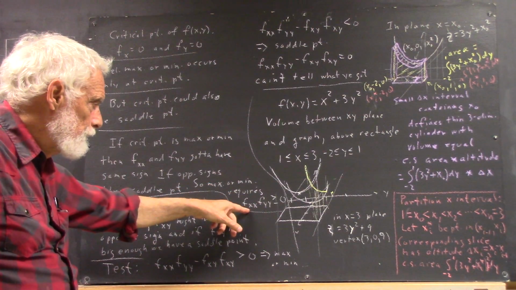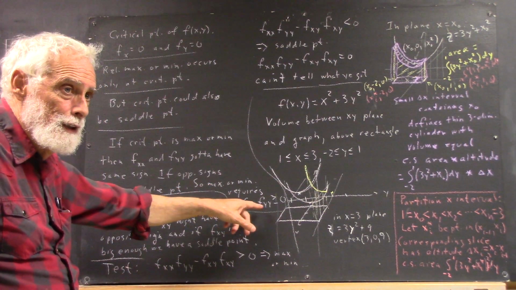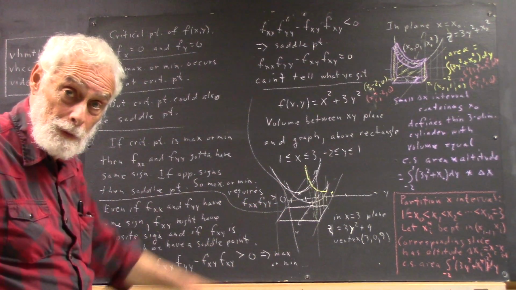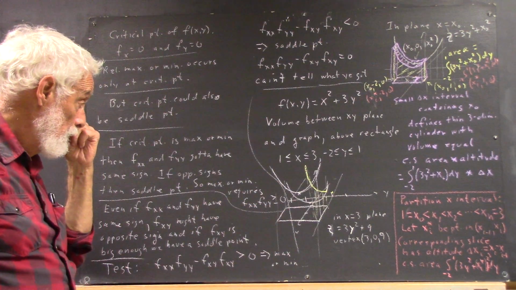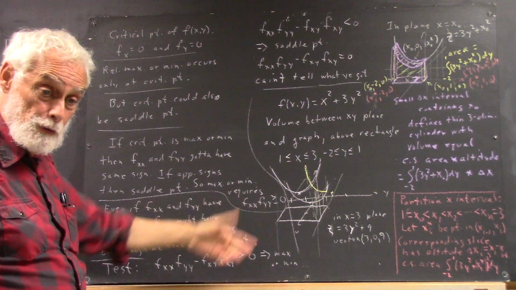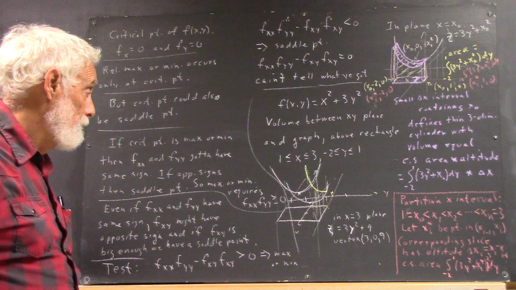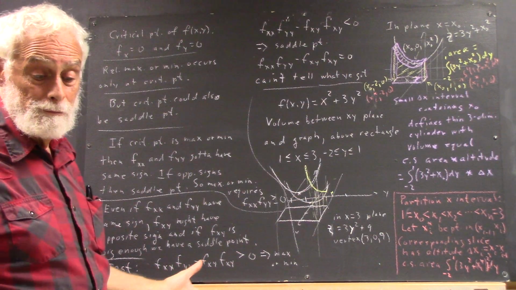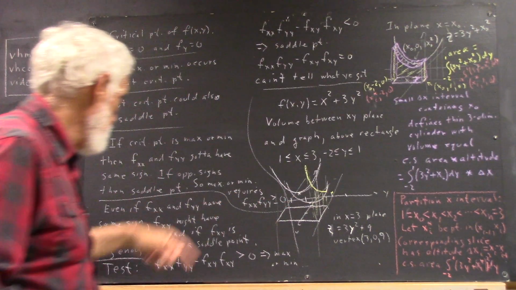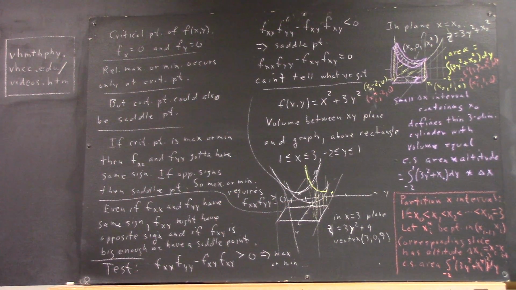So that fxx would be 0 in this case, but you'd still have a minimum, okay? Now, it's also possible that one of these is 0, but you don't have a minimum, okay? I don't want to wave my hands over that example, but you can think of an example where that might be.